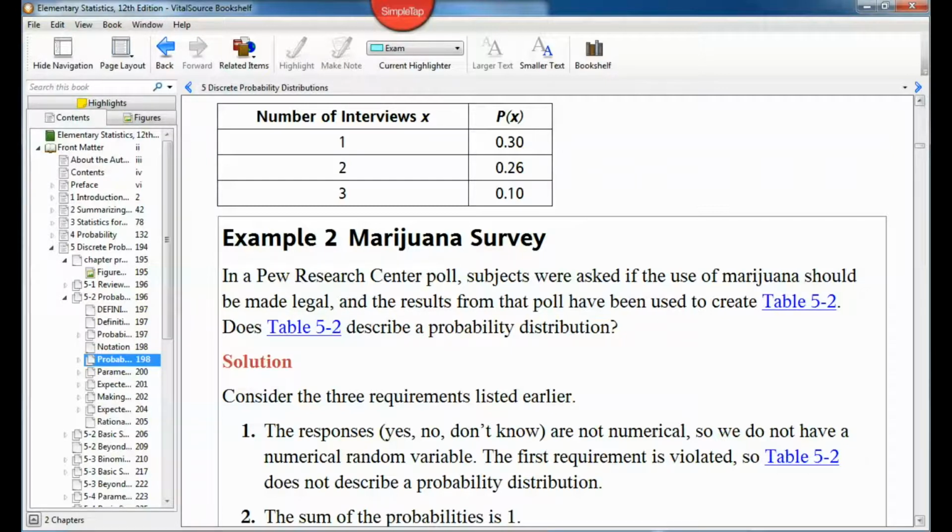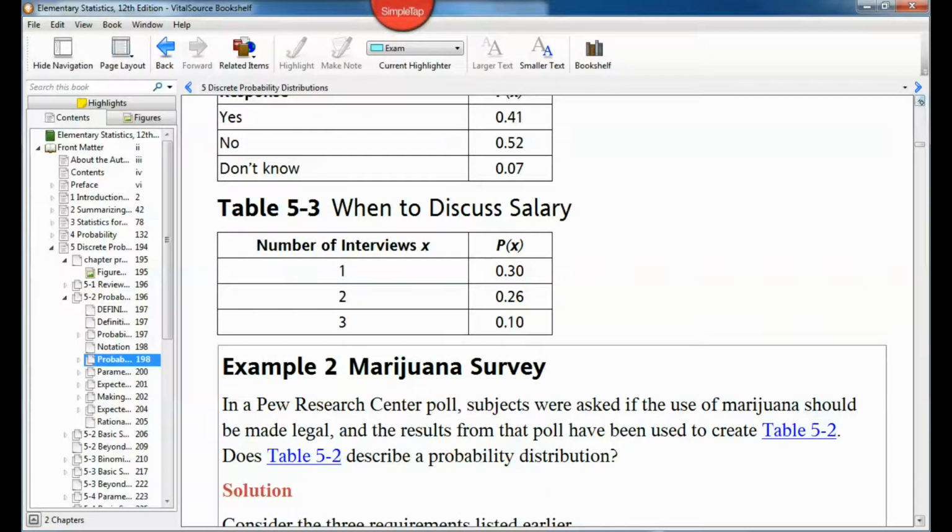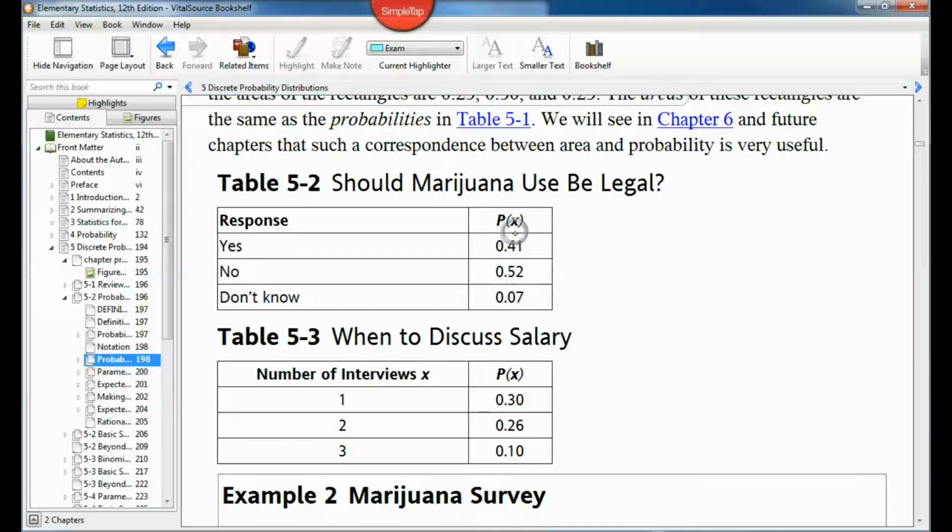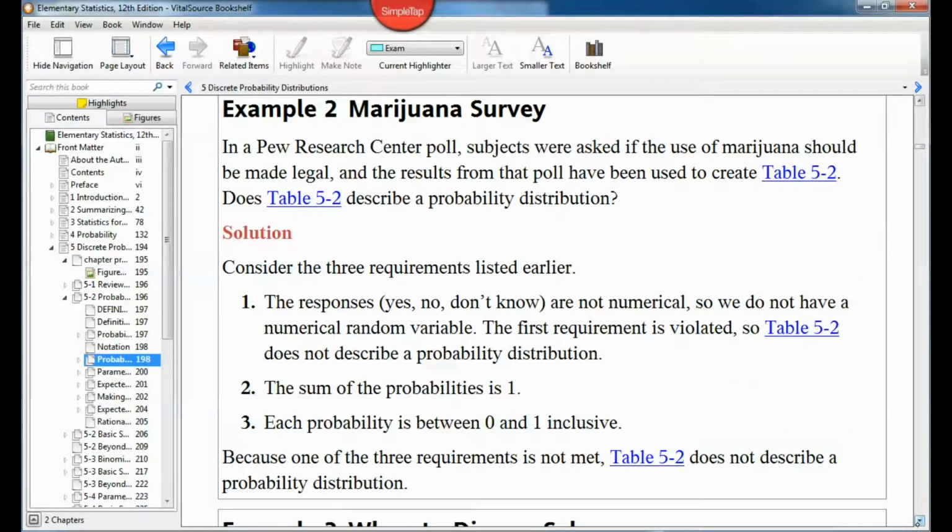However, if you want to see if it meets the other requirements, add up all the probabilities. Does that give you 1? Yes. Are there any probabilities that are greater than 1 or less than 0? No. So it meets those two, it's just that it doesn't have the random variable there.